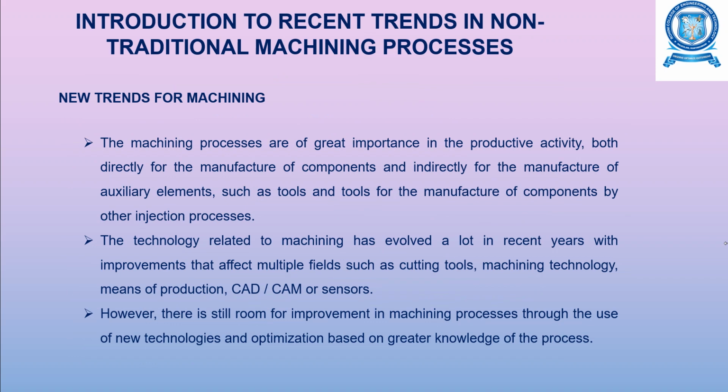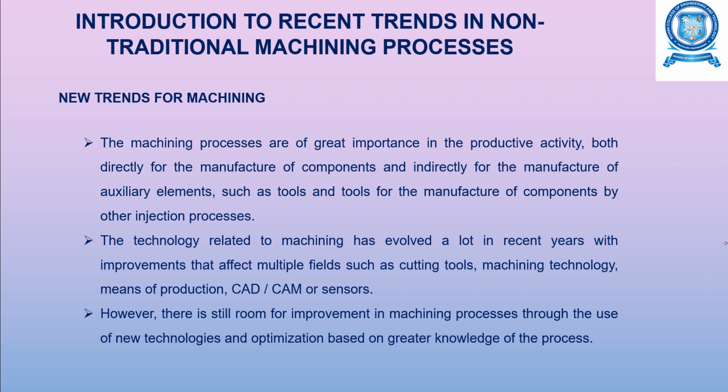So, introduction to recent trends in non-traditional machining processes. The new trends for machining. Normally the machining process is very important in the productive activity, both directly for the manufacturing of components and indirectly for the manufacture of auxiliary elements like tools and tools for the manufacture of components by other injection processes.